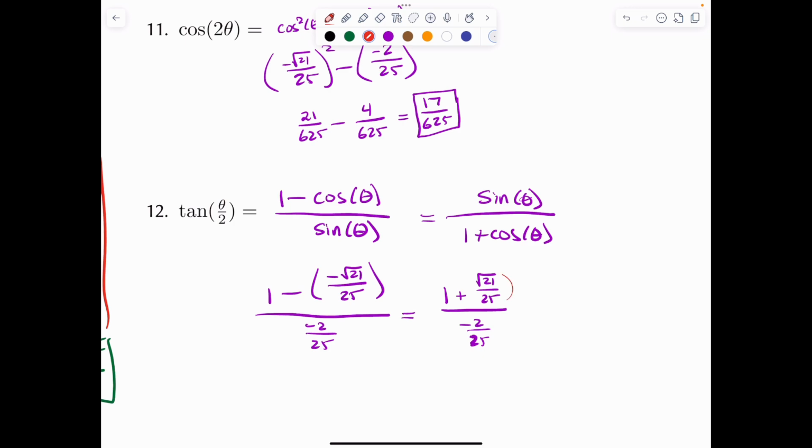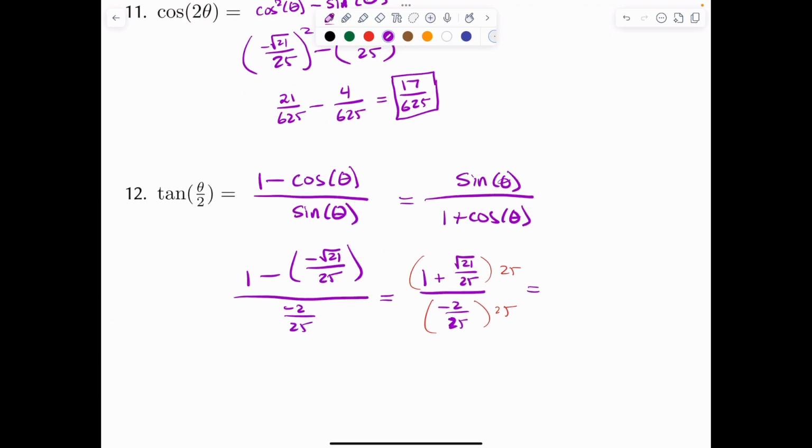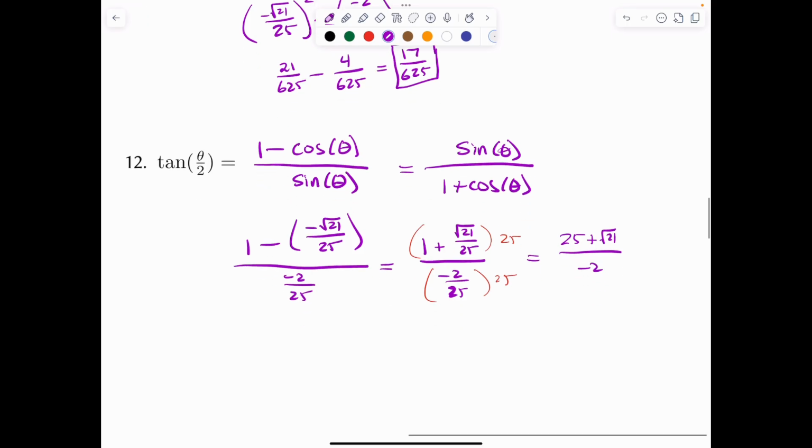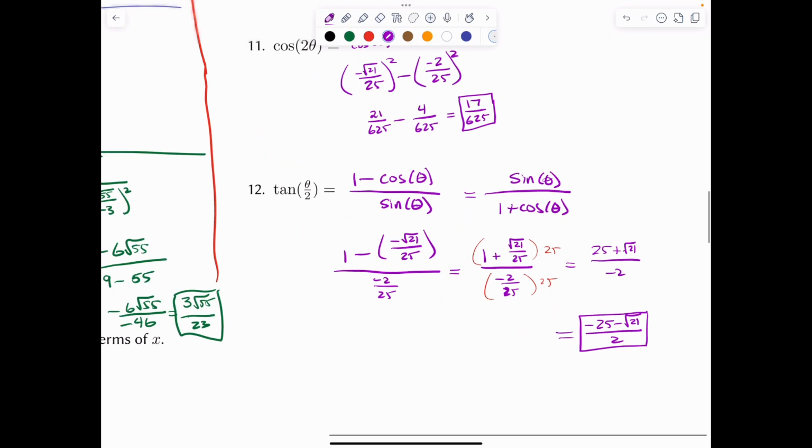And that's going to give me this. So 25 plus radical 21 over negative 2. And I guess that's about the best I can do. I guess I could put the negative on top, but I'm not going to get any better than that.